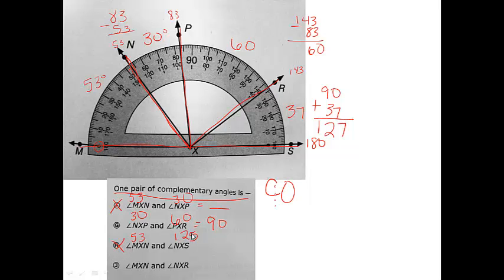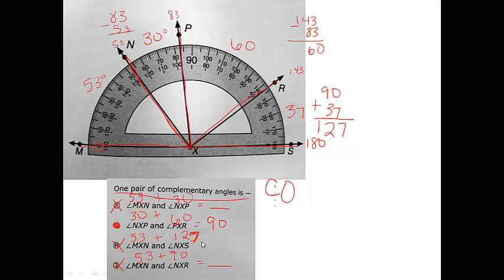And then you have MXN, which you know is 53, and NXR is 30 plus 60, which is 90. So that already goes over 90 if you add these two together. So that can't be it. So your correct answer is G.